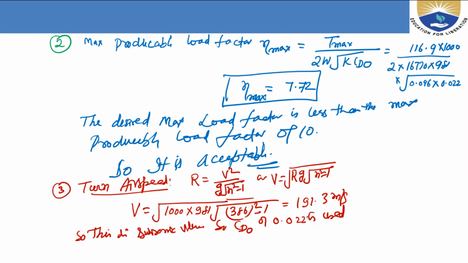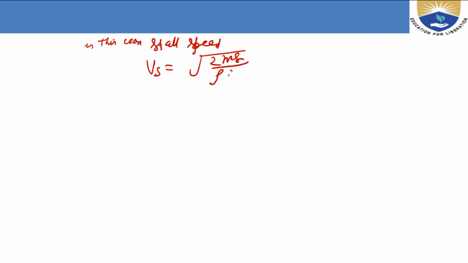So we have to find out the stall speed in this case. Stall speed Vs is equal to under root of 2 m g divided by rho S CL max cos of phi.